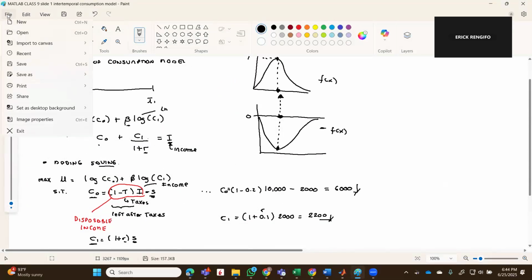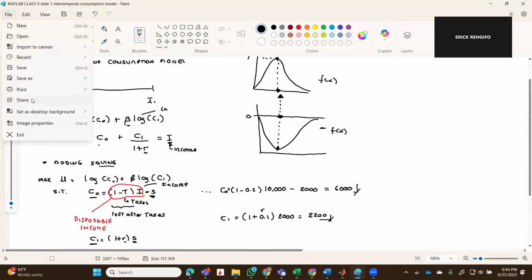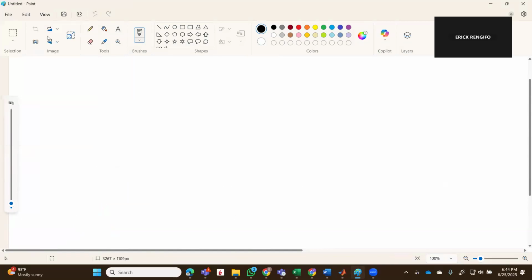So let me clean this one. Okay, guys, the ISLM model.